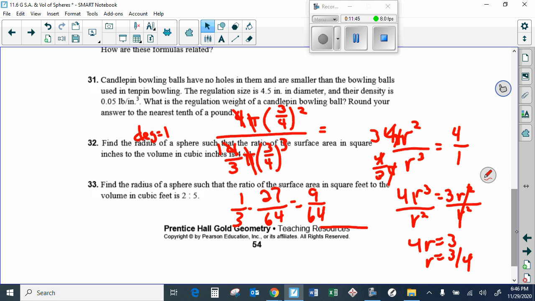And this is 9 over 16. So we are at 4 to 1. Is this 4 times greater? If I multiply this by 4, does it give me 9/16? Yes it does, because 4 goes into 64 16 times. So it'd be 9/16. So r is 3/4.